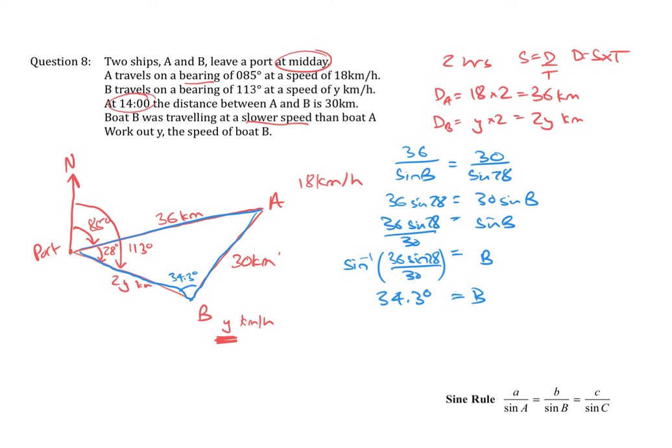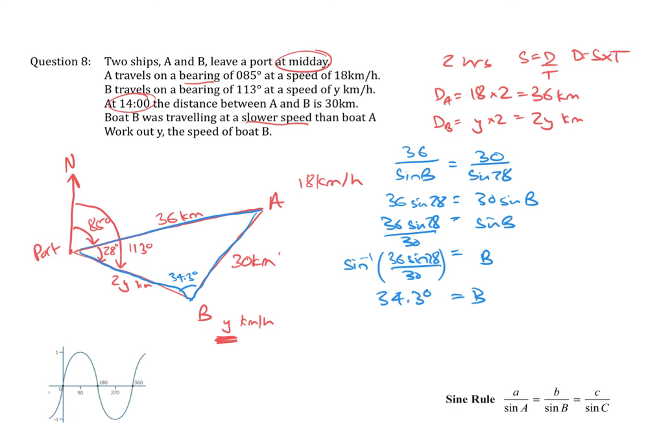Now, what you need to be aware of is the fact that the graph of sine is cyclical, and there are multiple angles that give the same result of sine. So if we look at the graph of sine, the sine curve works like this, and we can see that if our angle is 34.3 degrees, it's going to be about here, but that gives the same value of sine as an angle about here and an angle about here, and so on.